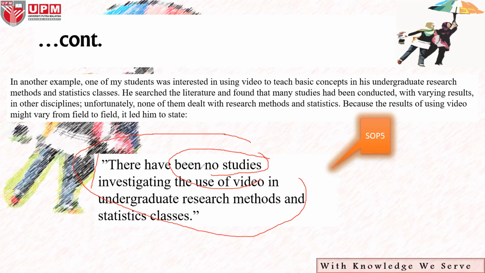Maksudnya when we do our literature review, orang dah buat separuh jalan, cuma belum publish. But when we start our data collection, memang dah ada yang tiba-tiba baru je publish, closely related to our study. Okay, so that's why ayat selamat dia guna limited studies.